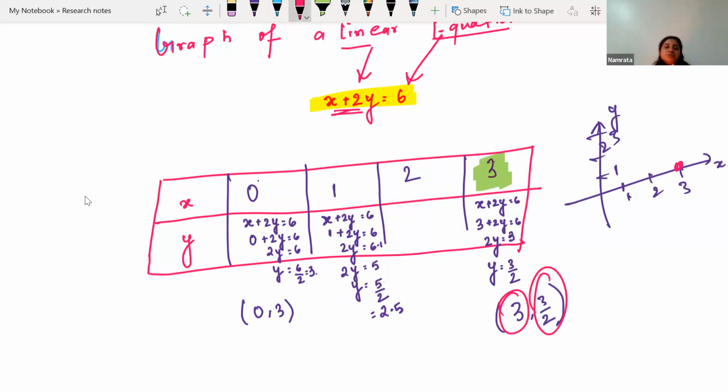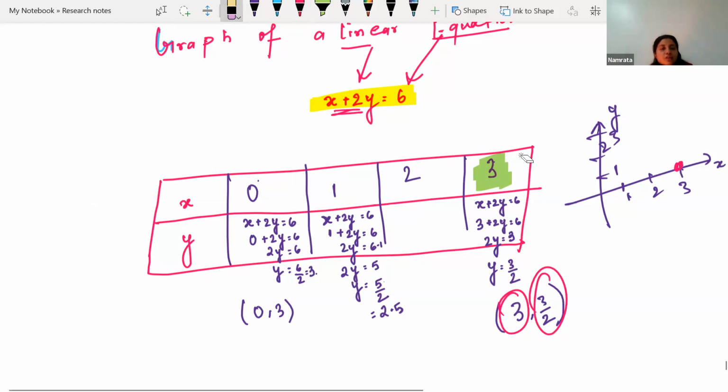That will confuse you. So that's why I am telling you, whenever you take a random x value, please take such a value of x which will give us a whole number, or I must say an integer, as the y value. If you get 3 comma 3 by 2, okay, it's okay.